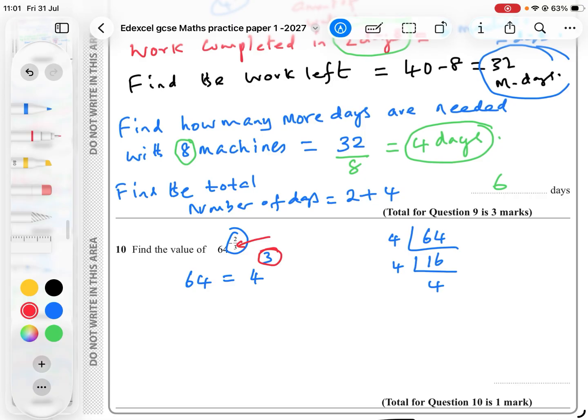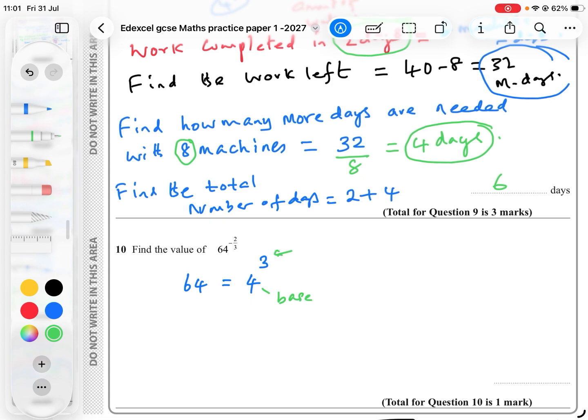I will explain again. So first write 64 as 4 to the power 3. This is index. In this index, 4 is base, 3 is power.